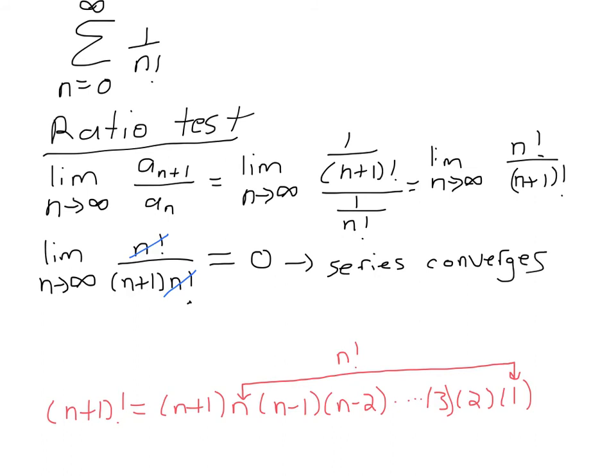So I know that this infinite series from 0 to infinity of 1 over n factorial is going to converge by the ratio test.